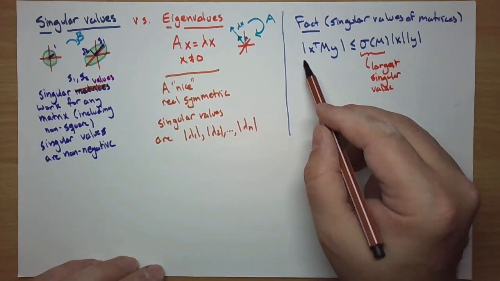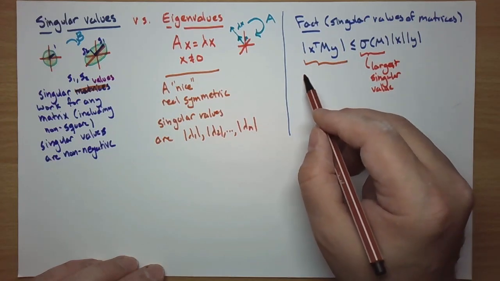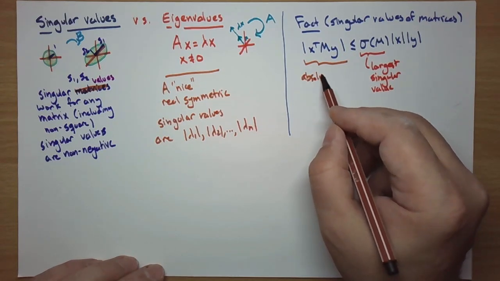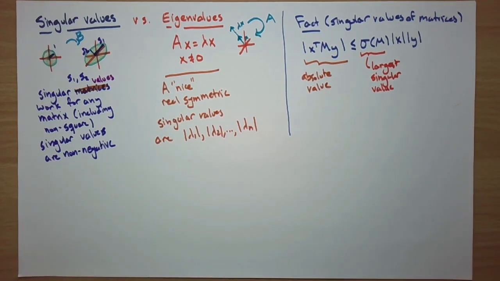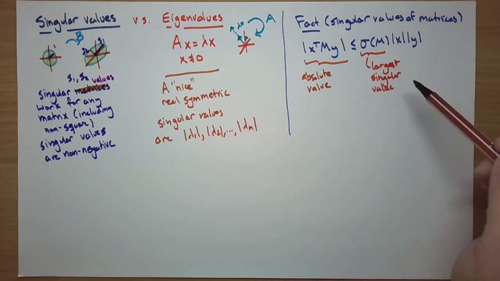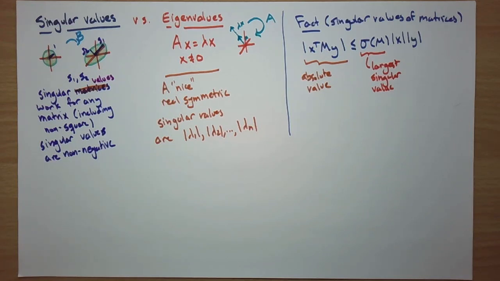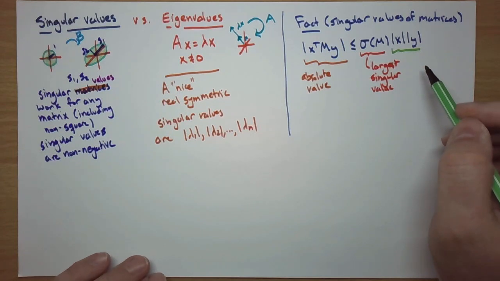Over here on the left-hand side, these bars mean absolute value, because x transpose M y we interpret as a number, and we just take the absolute value of that number. So the absolute value of that number is less than or equal to the largest singular value times these, which aren't quite absolute values.